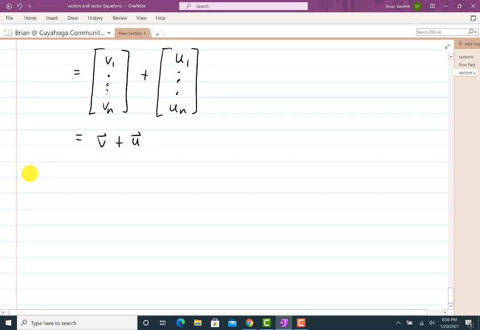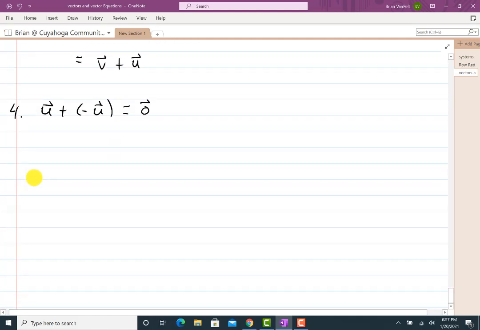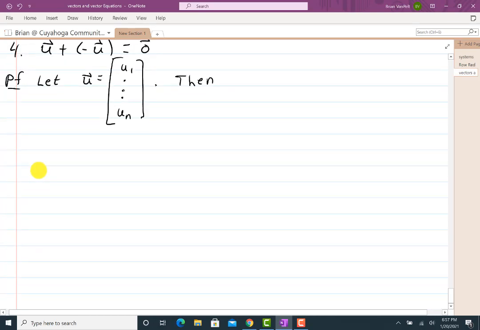Let's try another one. This is the one that says u plus negative u equals the 0 vector. So if I'm proving this, again, I will do the same thing that I did before. Let u equal u1 up to un. Then, when I do u plus negative u, that equals u1 up to un plus the negative u.